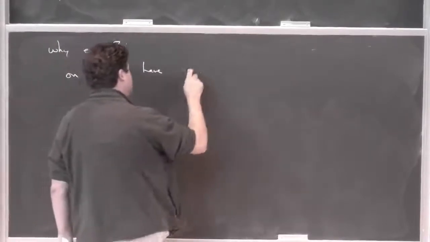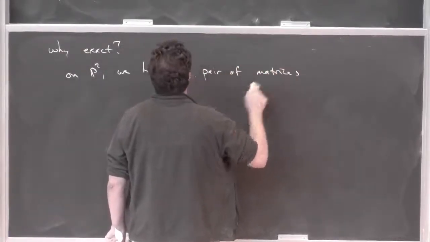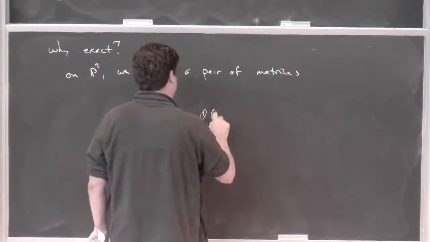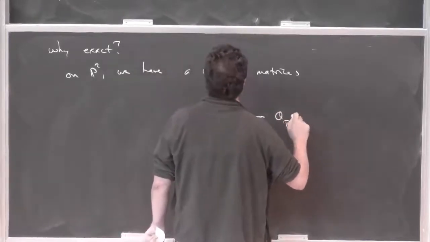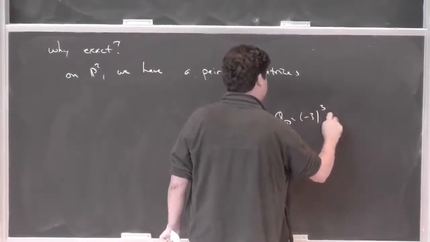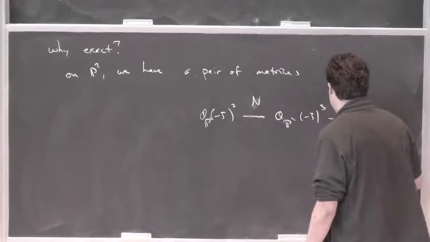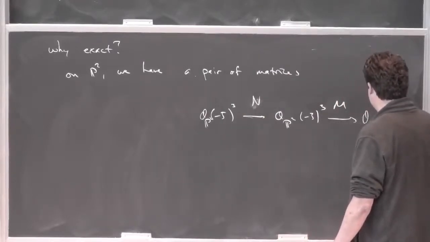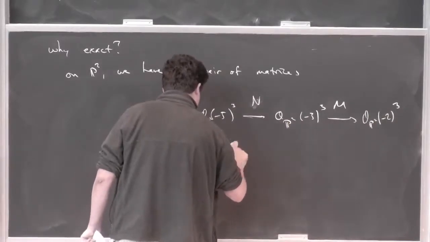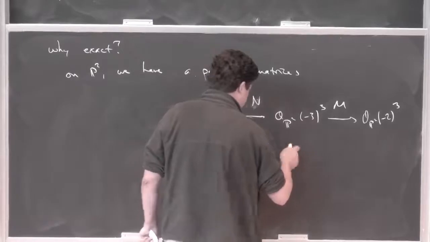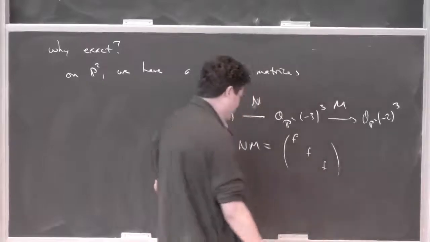On P2, we have a pair of matrices: OP2 of minus 5 cubed to OP2 of minus 3 cubed, maybe this one is N and this one is M, and OP2 of minus 2 cubed, with MN equal to NM equal to f times the identity, where f is our cubic polynomial.